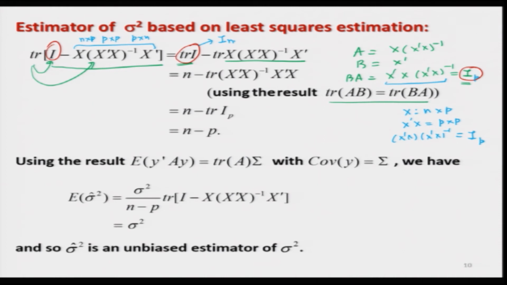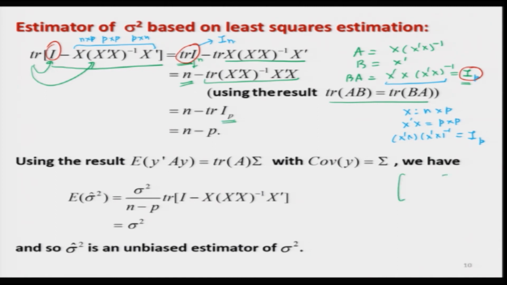Now, if you try to simplify this, you can write down here the trace of I is going to be n, because you are trying to find the trace of an identity matrix of order n. And for this trace here, this is the trace of an identity matrix of order p.